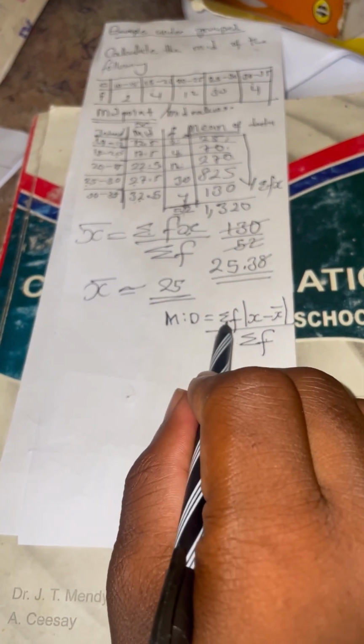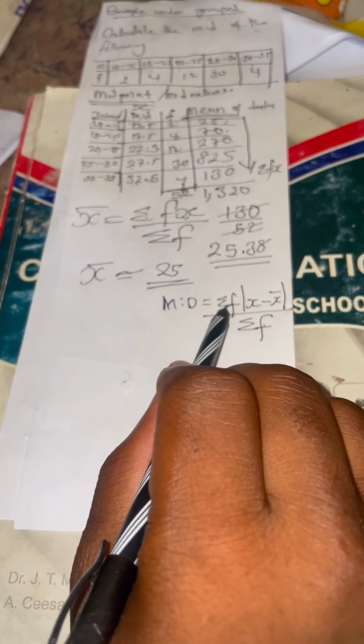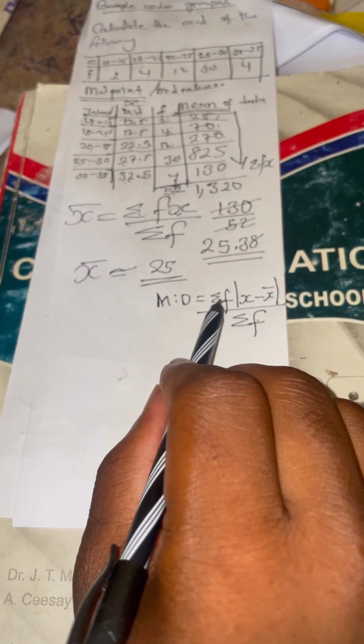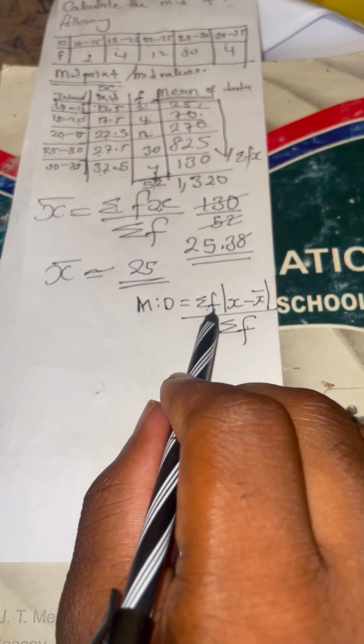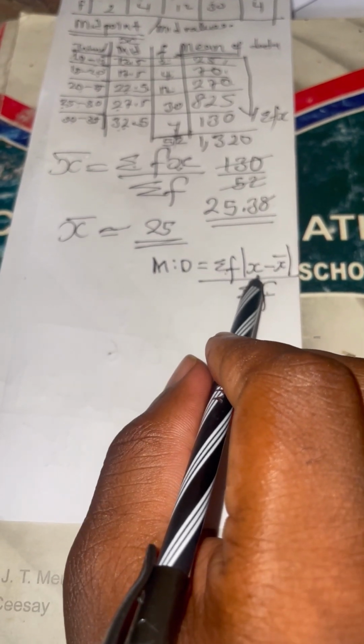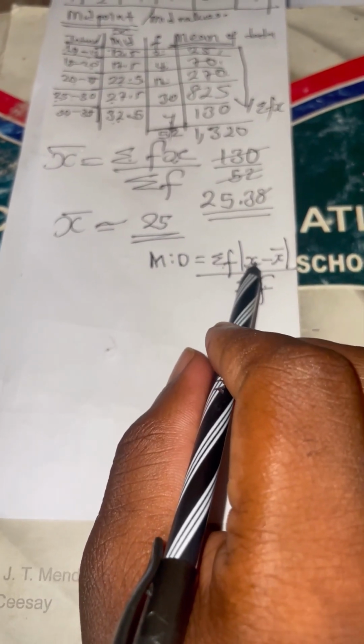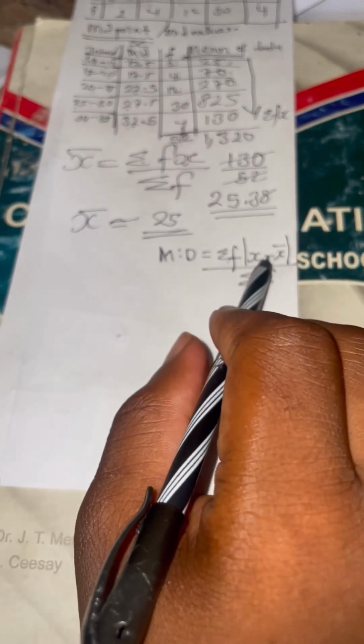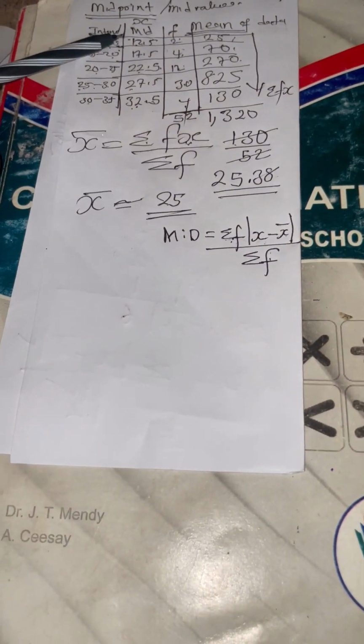Now, first we have sigma f already. We have to multiply f with the absolute value of x minus x bar. Now, what are the members of x? Note, the members of x will be the midpoint.